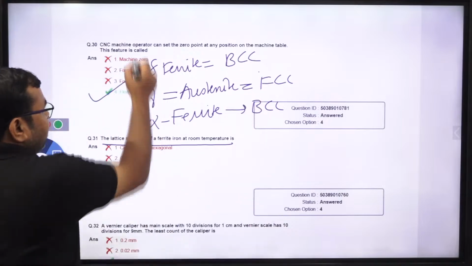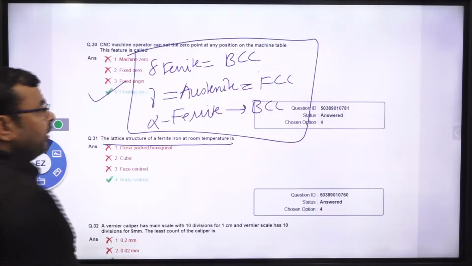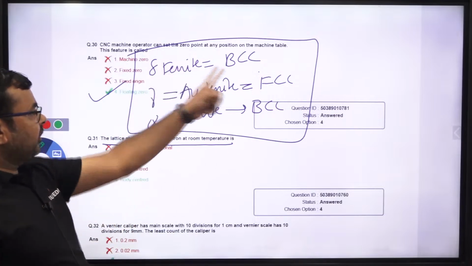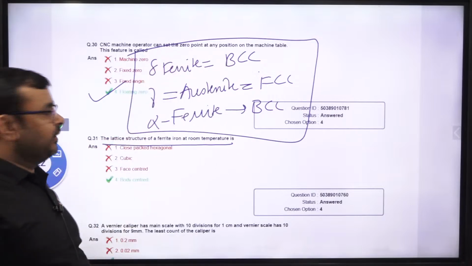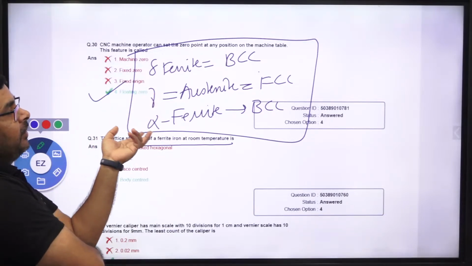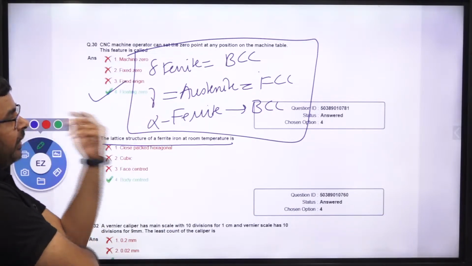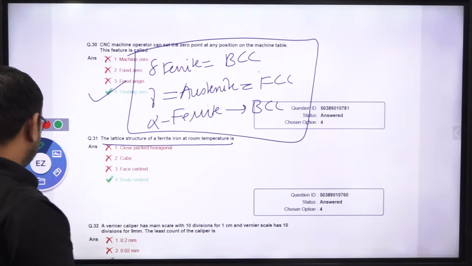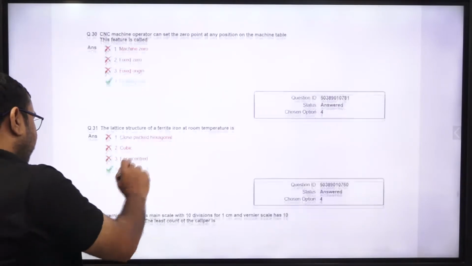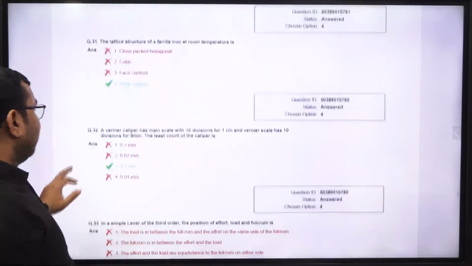So you must remember these three crystal structures. Yes or no? Correct. In alpha ferrite we have BCC, austenite FCC, delta ferrite BCC. Since this material may appear in different crystal structures at different temperatures, it is called an allotropic material. Okay, so the correct answer is body centered cubic. Yes or no? And what about this?